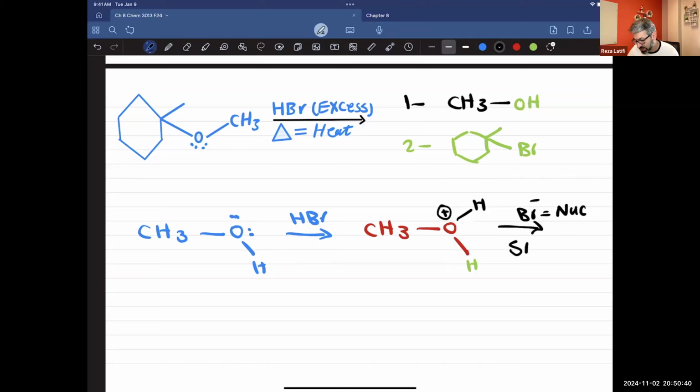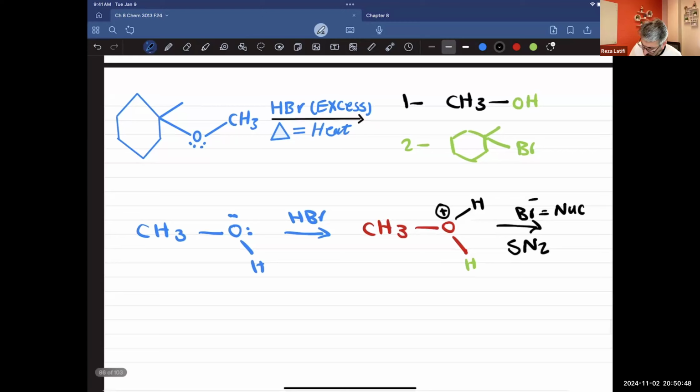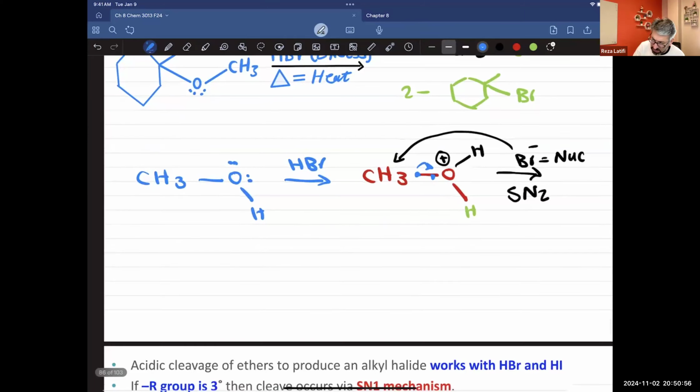Now we will have an SN2 reaction. So the first product is going to get involved in an SN2 reaction, and the bromide will go after this carbon, and oxygen will take those two lone pairs. It will leave the system, and we get this one as the final product, CH3 attached to bromide, plus water.